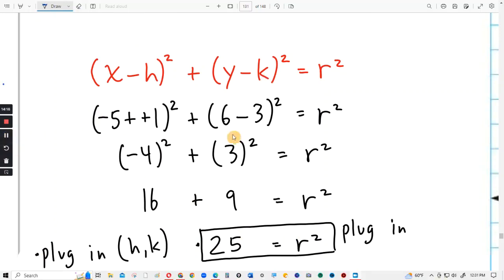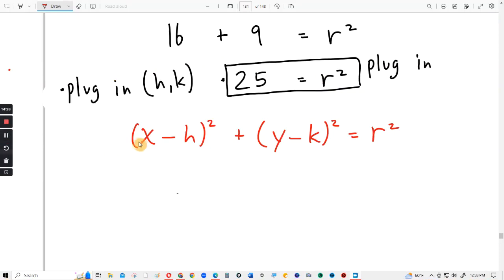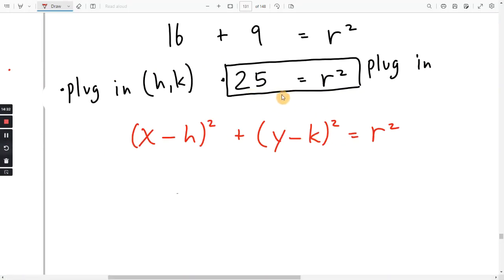Instead of rewriting this equation, I'll just use this here. Actually, I'll just rewrite it. I don't want to confuse you. Anyhow, r squared is 25.